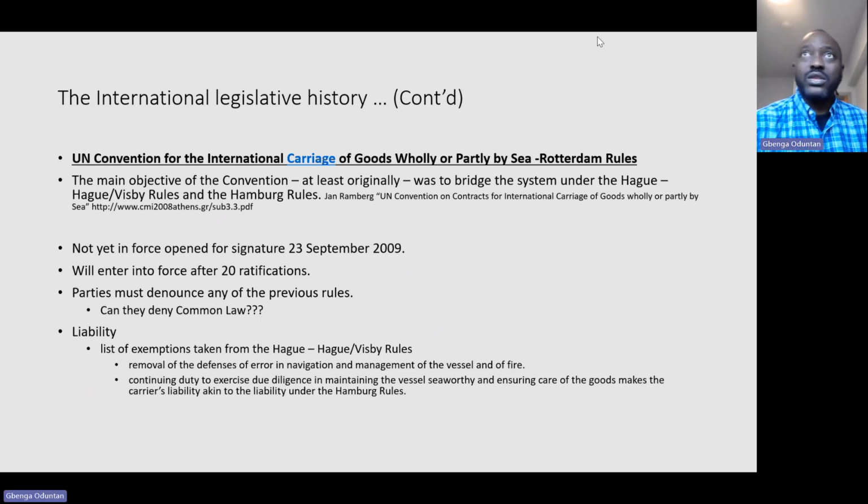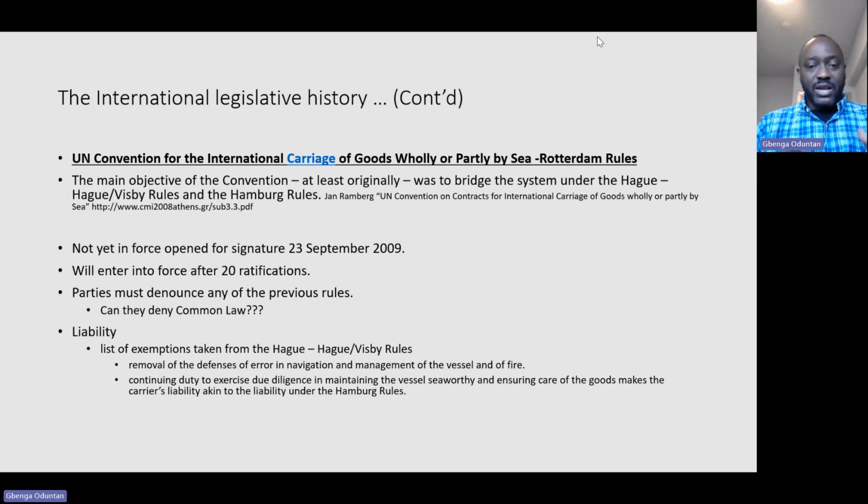The Rotterdam rules were meant to merge the interests of states, to bridge the system, to incorporate the best parts of the Hague-Visby and the Hamburg rules, to be more satisfactory, and to certainly give more liability against ship owners who do not diligently run their shipping operations.